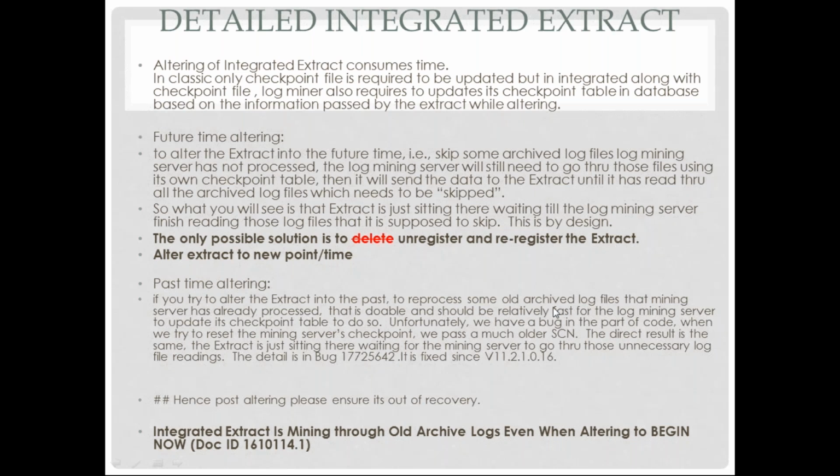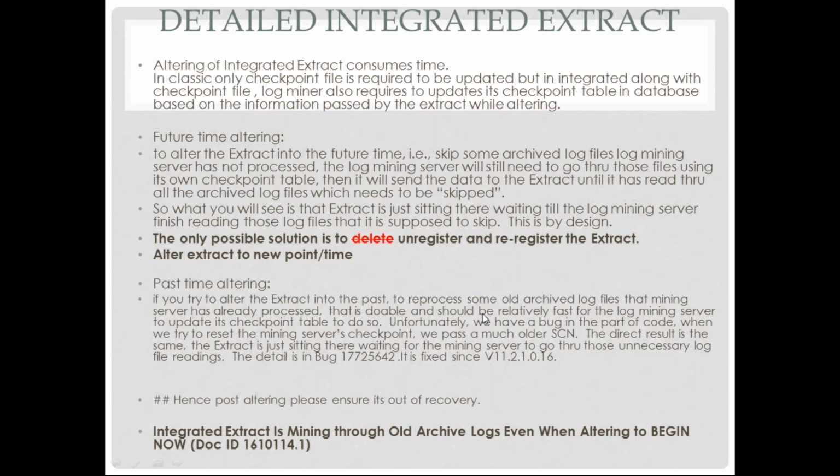Which it had processed earlier. So to reprocess some old archive logs that the mining server has already processed, this is doable and should be relatively fast for the log mining server to update its checkpoint table, as per theory, okay?